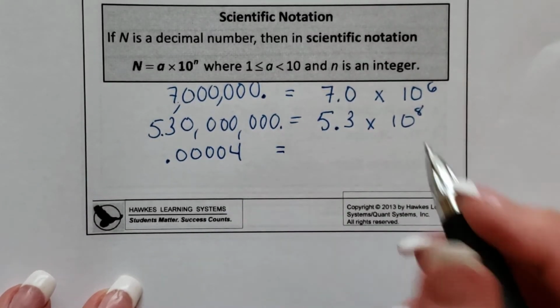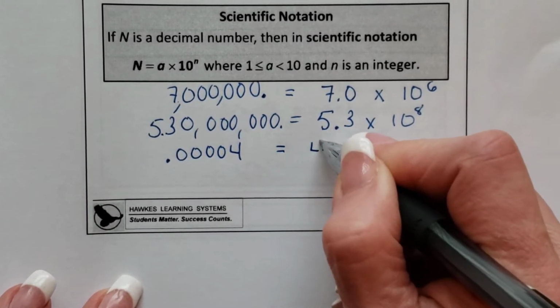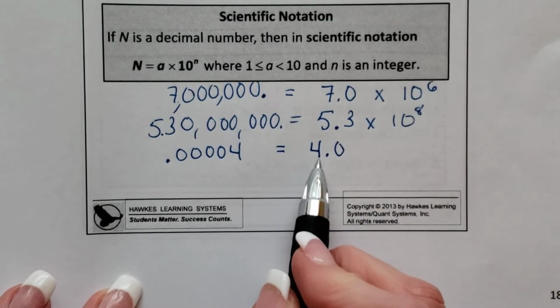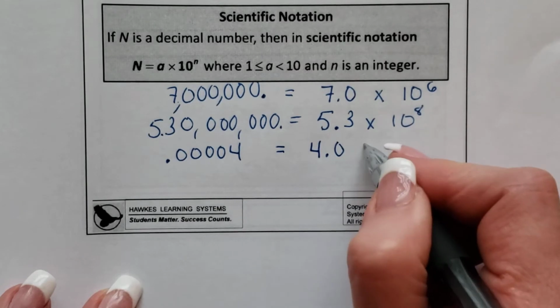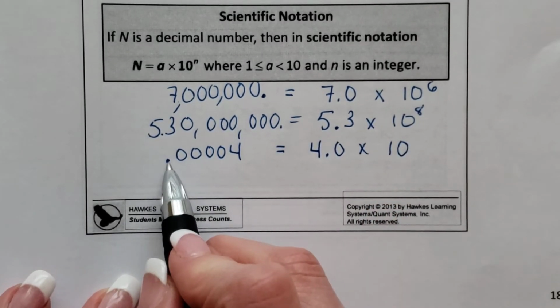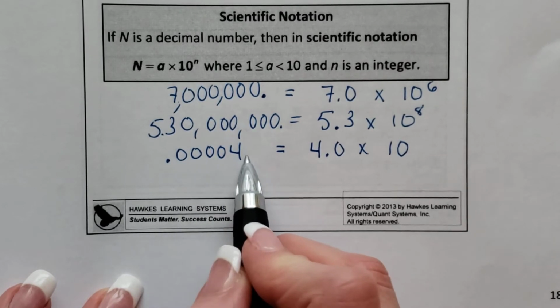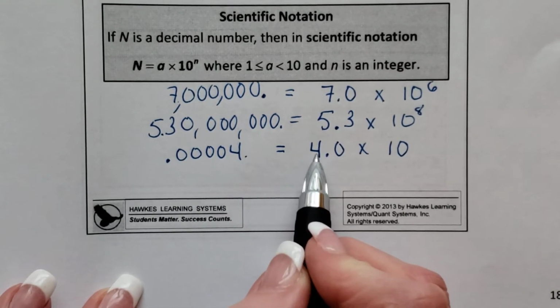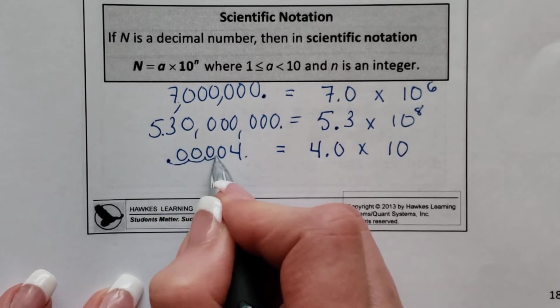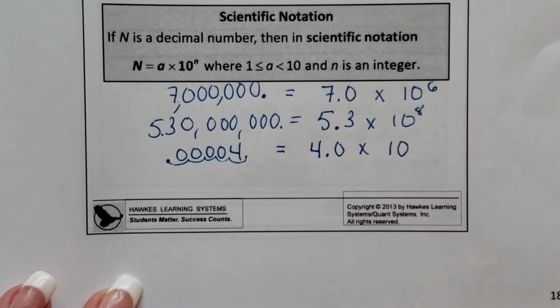You're going to rewrite it so that there's only one non-zero number in front of the decimal. So 4 is a non-zero number. Do you agree with me? Times a power of 10. Well, my decimal was here, and I moved it behind the 4 to make this one non-zero number. So I moved it 1, 2, 3, 4, 5 places.